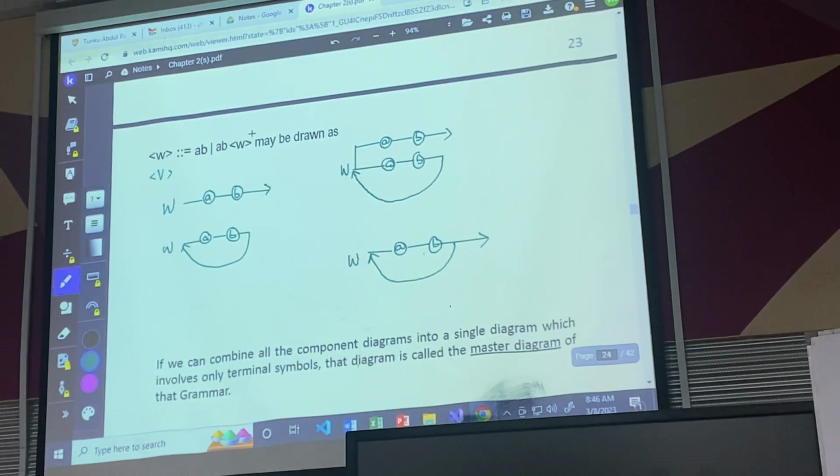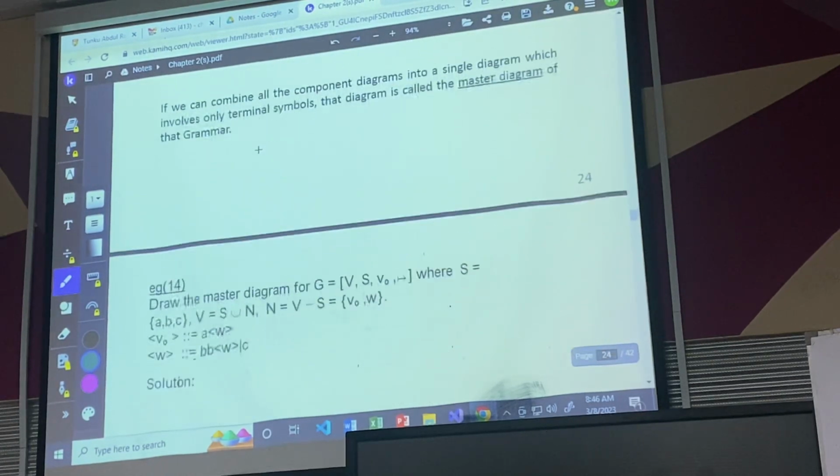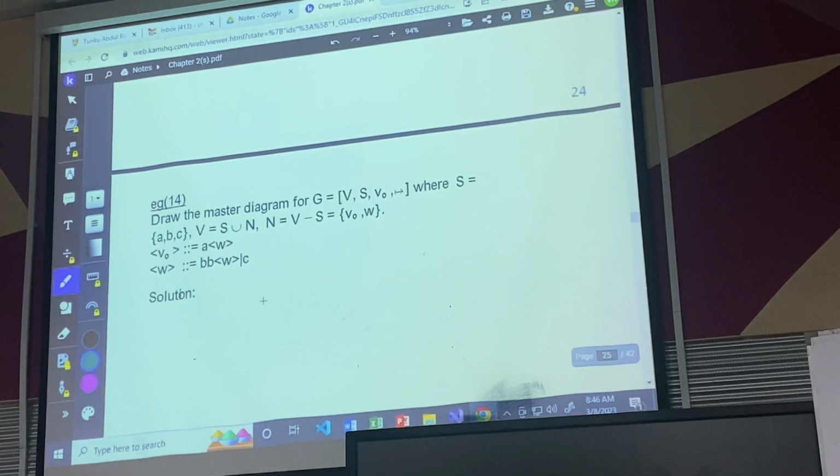Okay, so when you want to draw the master diagram, for example this, if you only draw the syntax diagram, you can have two syntax diagrams. One is for V0, one is for W, right? So let's say we draw the syntax diagram first. V0, I can substitute with AW. This is the first syntax diagram.